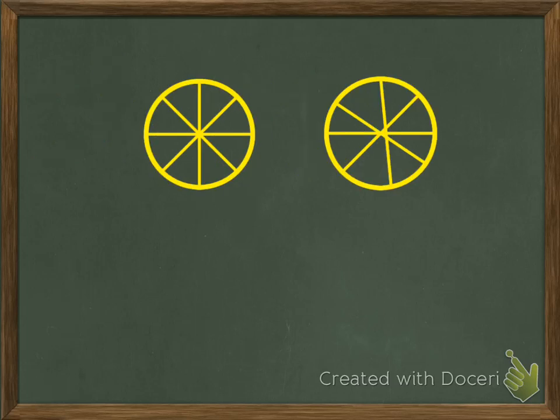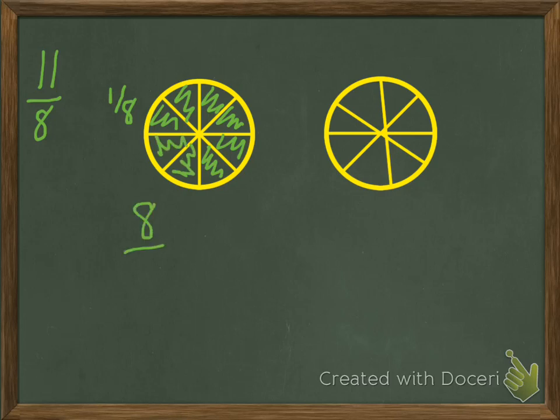So I'm going to ask myself the question, what is 11/8? Well, each one of these little sections here is an eighth. So there's 1/8, 2/8, 3/8, 4/8, 5/8, 6/8, 7/8, and 8/8.